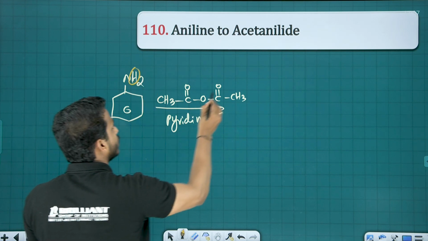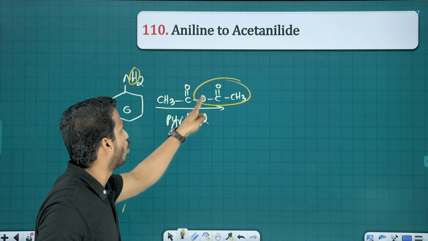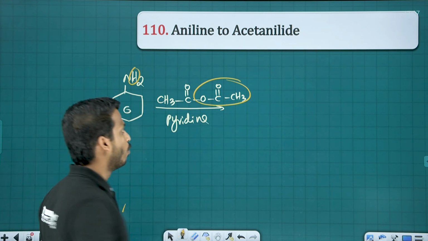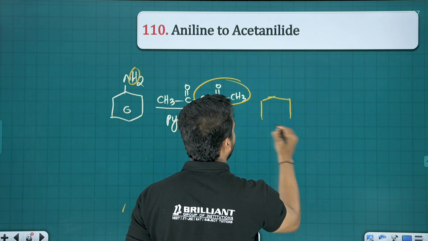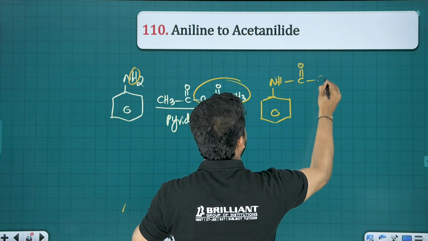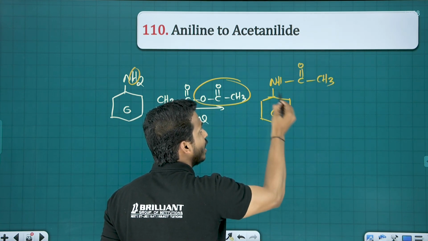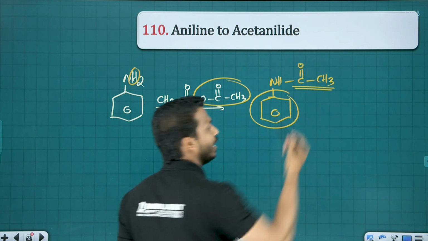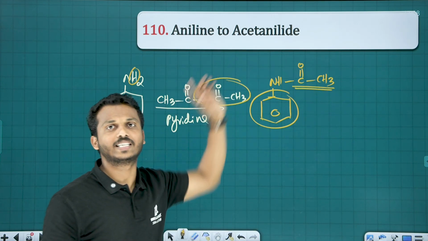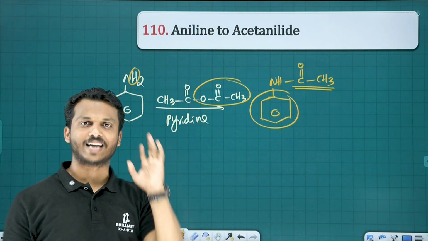Take one H from this and this part goes out. What is this? CH3COOH, acetic acid goes out. What is left in the system? Benzene with NH. What is left here? COCH3. This is called, dear, N-phenylethanamide, also known as what? Acetanilide. N-phenylethanamide is also called acetanilide.